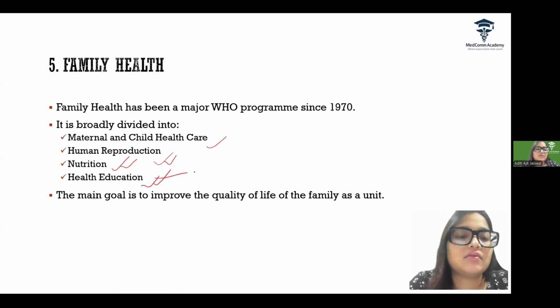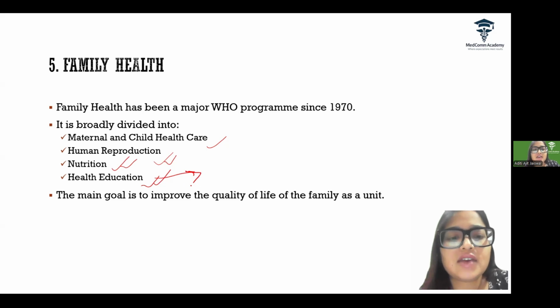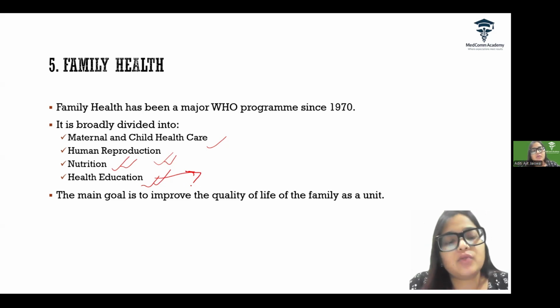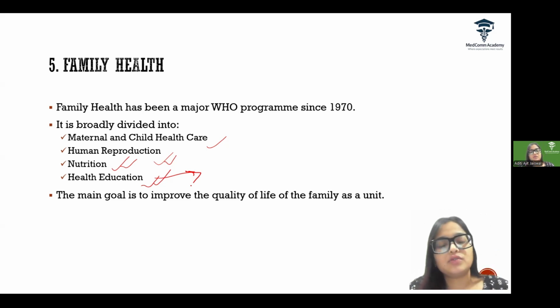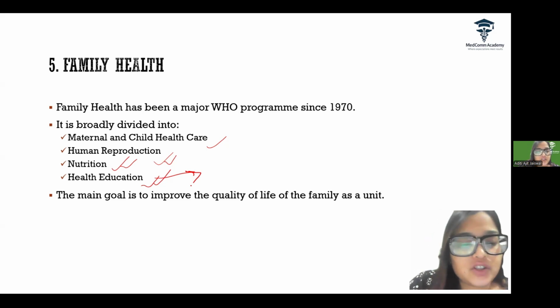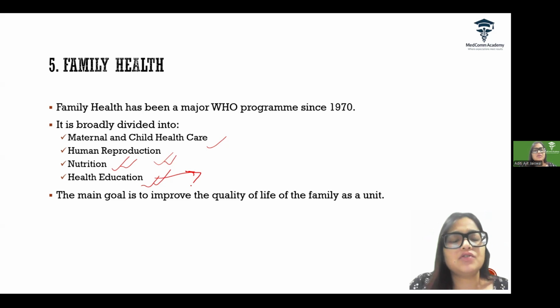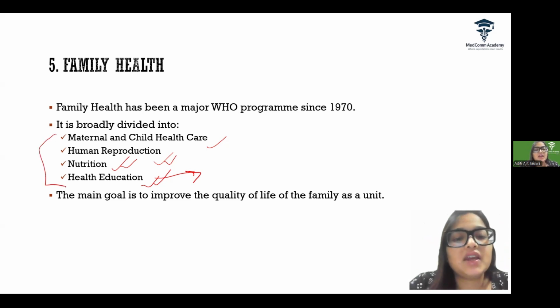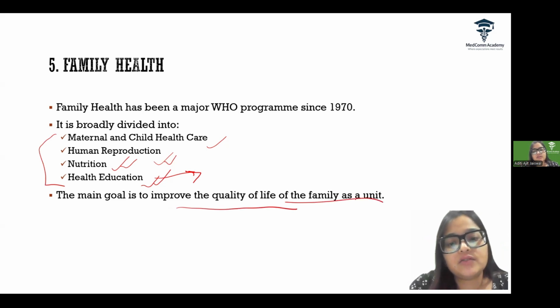Health education on tobacco chewing and cigarette smoking, and nutrition, as in what to feed the infant and young child below 2 years of age, what to feed the adults, and which nutritious foods are easily available and can be used by the family without burning a hole in their pockets. So family health deals with all this, and the main goal is to improve the quality of life of the family as a unit.